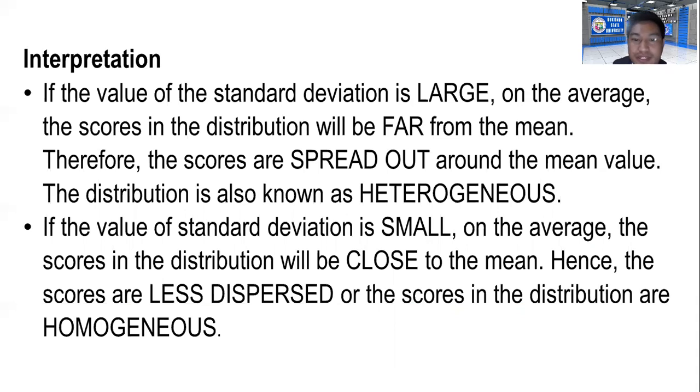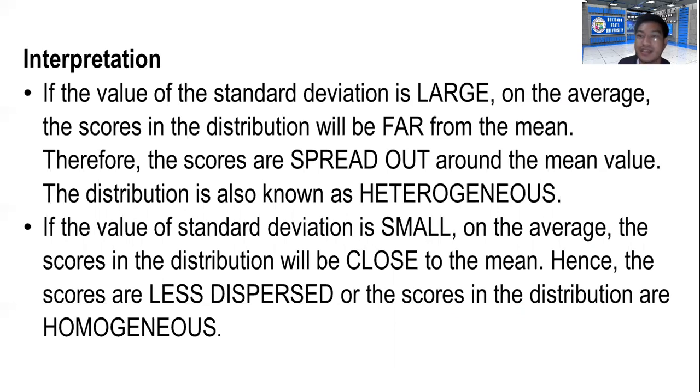But if the value of the standard deviation is small, on the average, the scores in the distribution will be close to the mean. So it is close to the mean. Hence, the scores are less dispersed, or the scores in the distribution are homogeneous. So when you say less dispersed or homogeneous, the scores are alike, like 11, 11, 11, 11, 12, 12, 12, or 11, 12, 13.